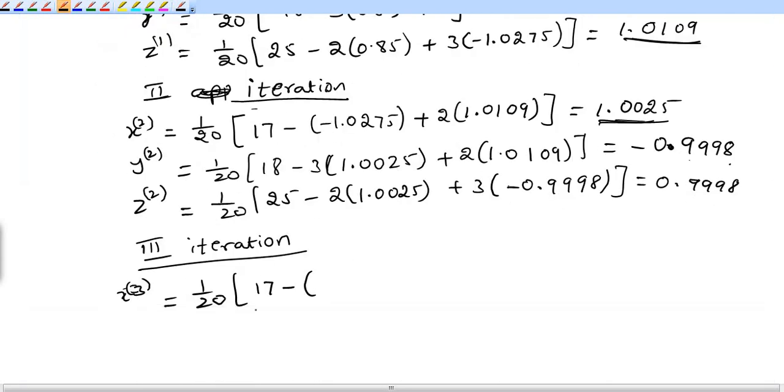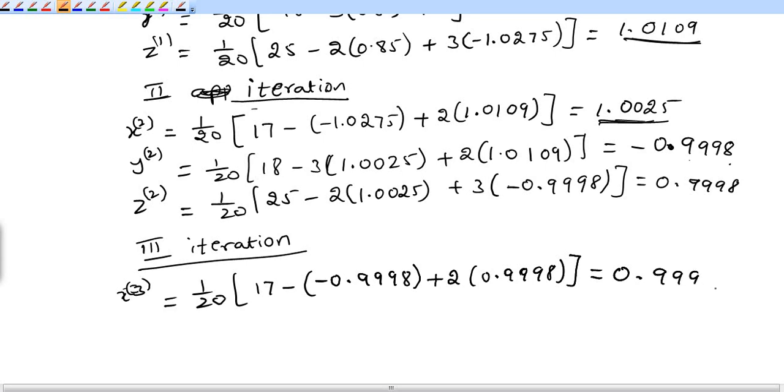Previous y value is minus 0.9998 plus 2 into z, 0.9998. Now if you simplify this, we get 0.999999. You will get nines, so you can approximate it to 1 directly.